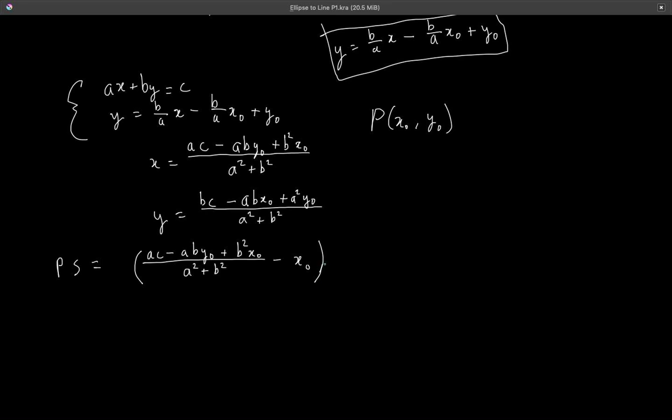We're going to square this difference, and now we add the square of the difference of the y coordinates, and that's just going to be bc minus abx0 plus a squared y0 divided by a squared plus b squared, minus y0, squared.